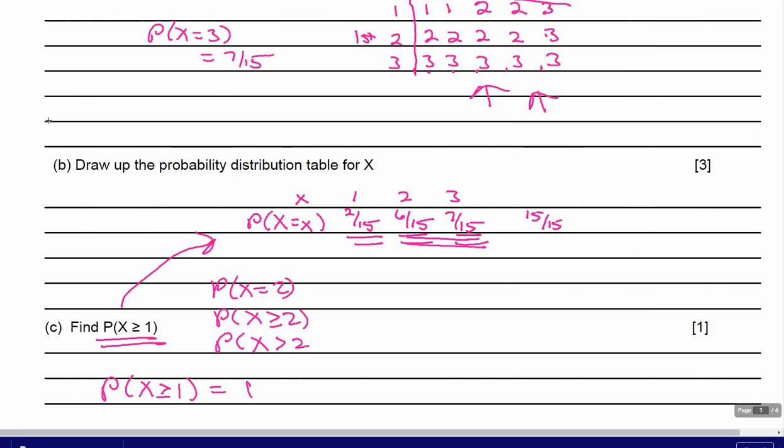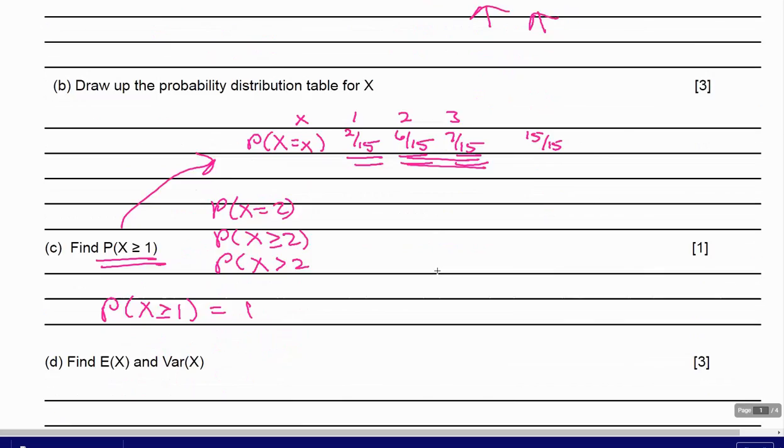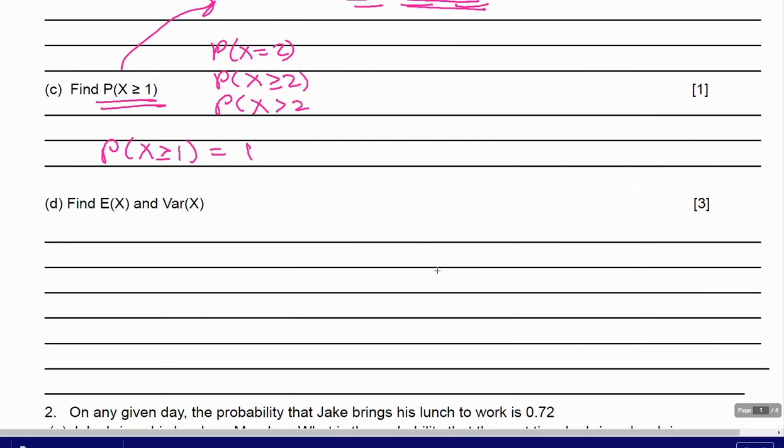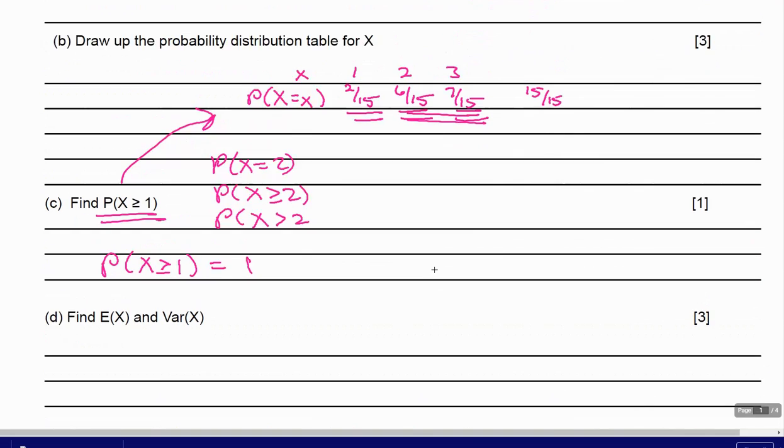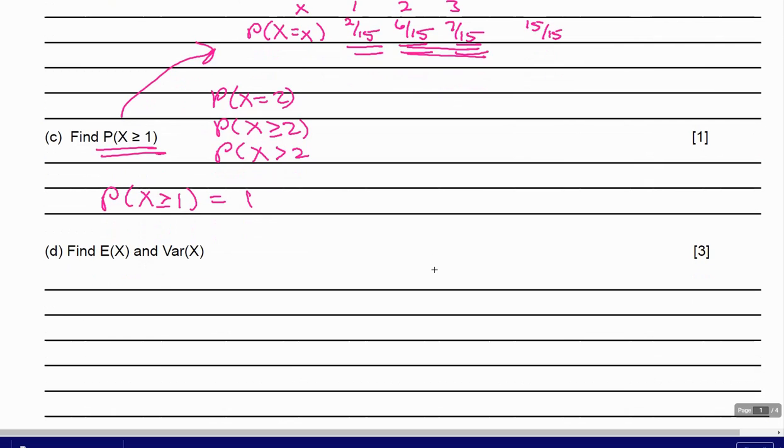Does that make sense? Okay, so now let's take a look at this next one. If you've got a probability distribution table, we'll make it so we can still see it. How do we find the expected value?